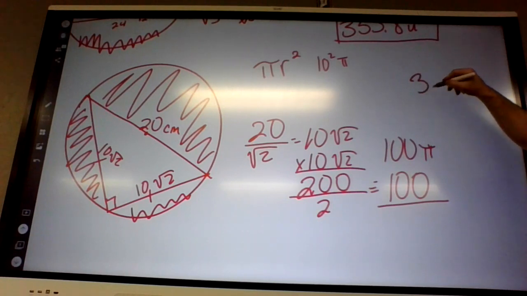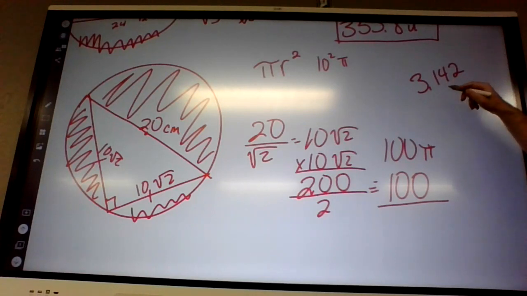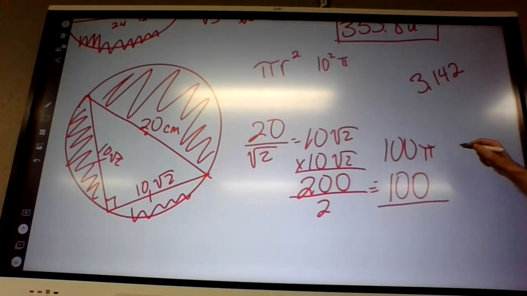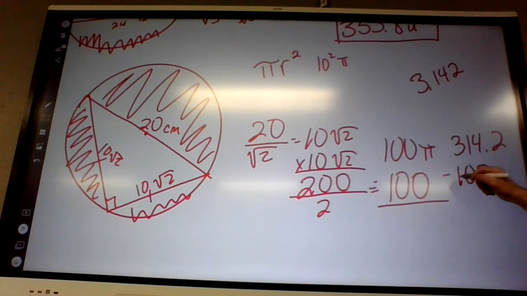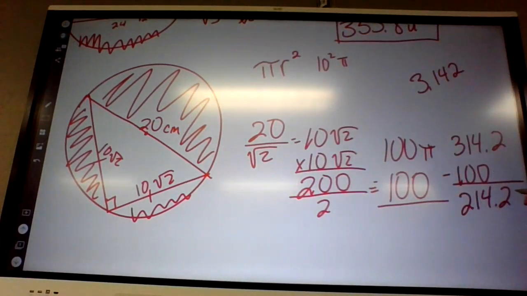Pi is 3.14, but to be a little more accurate, because we have to round to the tenths place, it's 3.142. So if you multiply that by 100, it's 314.2, minus 100 is 214.2. What are the units? Centimeters this time.